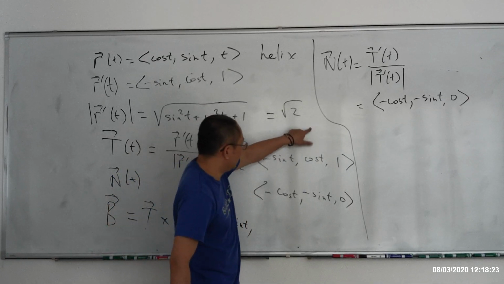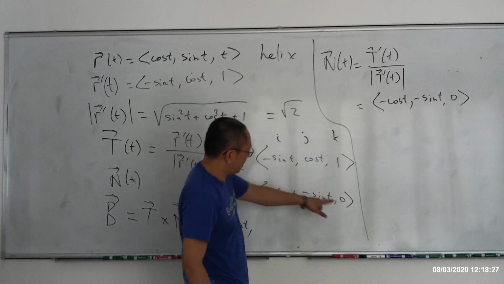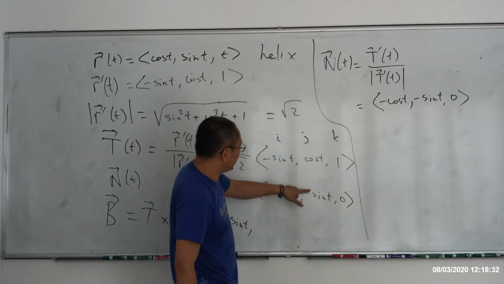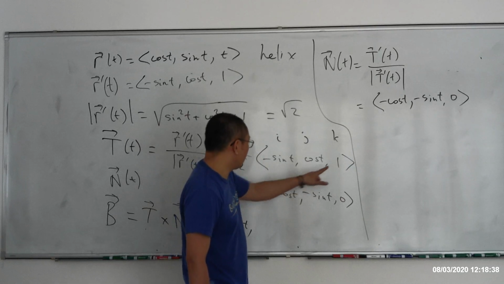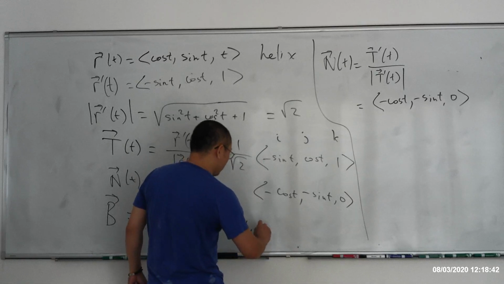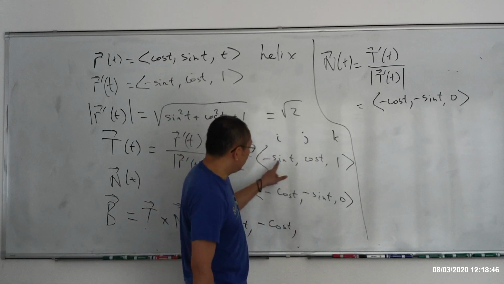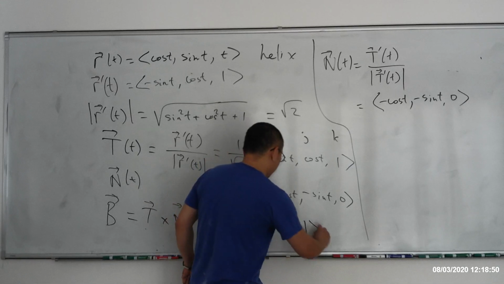This is the i, j, and then the k term. For the i term, 0 times cosine minus negative sine times 1. For the j term, it's 0 times negative sine with 0 minus cosine times 1, which is positive, but we change the sign for j, so it becomes minus cosine t. And for the k term, sine squared minus minus becomes plus cosine squared, so it's going to be 1.